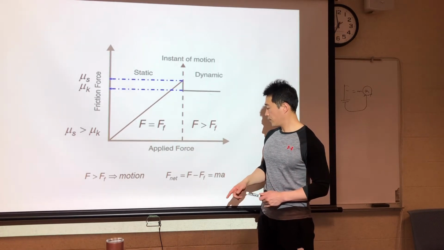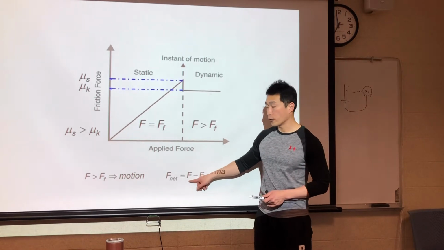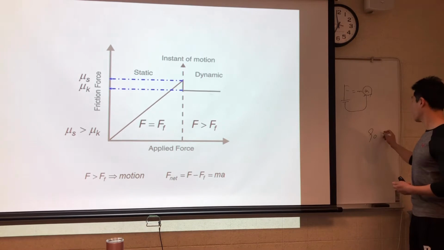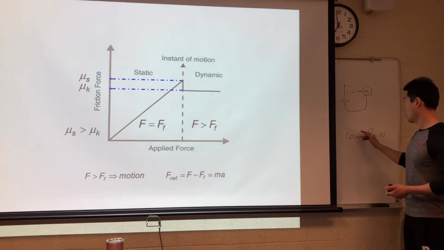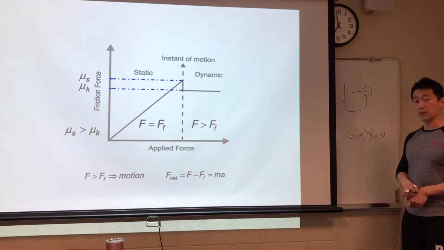You can calculate this by subtracting friction from your force. For example, friction was 90 Newton and your force was 100 Newton. It's larger than this, so you will be able to move the table, right?